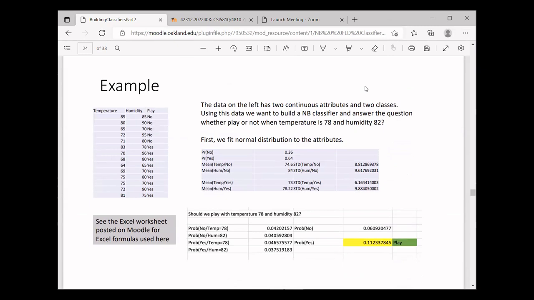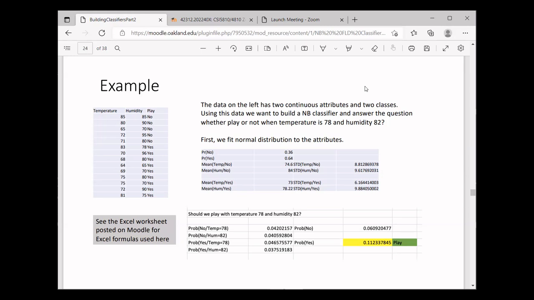So here is an example. And if you go to the Moodle site, I think there is an Excel spreadsheet which basically shows you all the formulas that have been used here if you are interested in looking at those formulas. All right. What I'm going to show you here is simply the numbers and the results. All right. So basically we have a pair of observations. We are measuring temperature and we are measuring humidity.